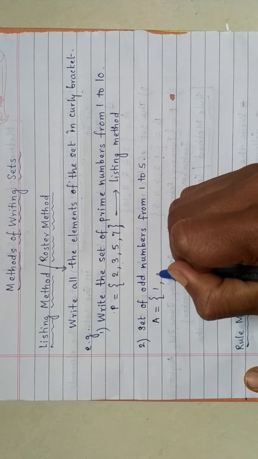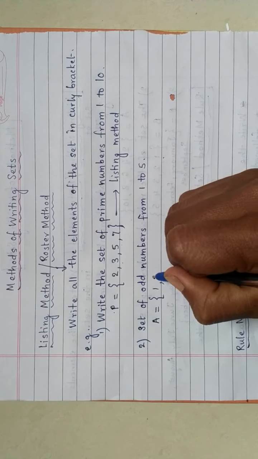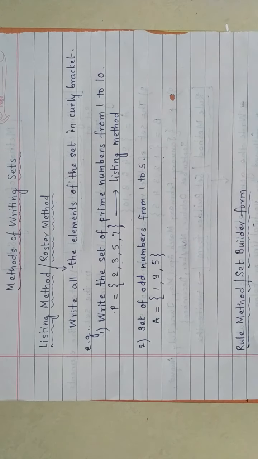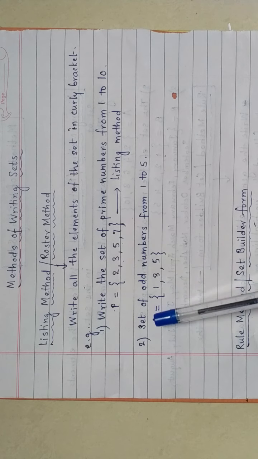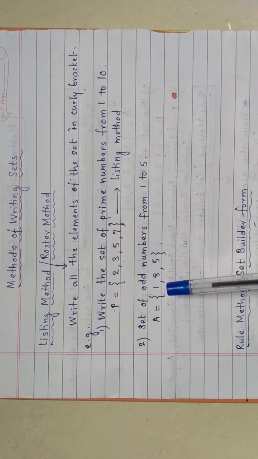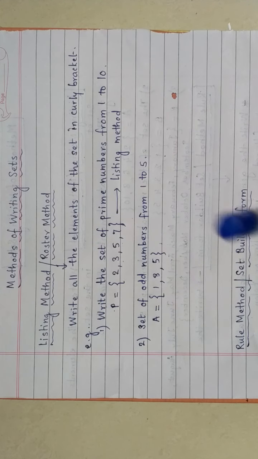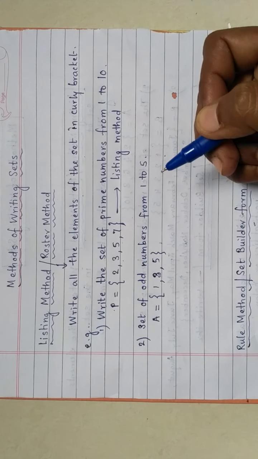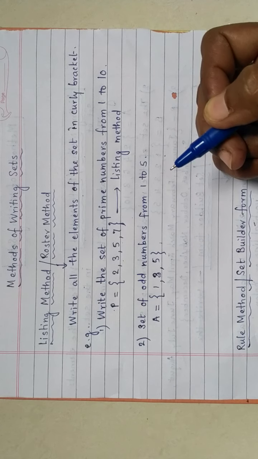We begin with 1, 2 is an even number, 3 is an odd number, 4 is even and 5. So by listing method, this set of odd numbers from 1 to 5 we represent as 1, 3 and 5. We write all the 3 elements in the set. I hope everyone is following.